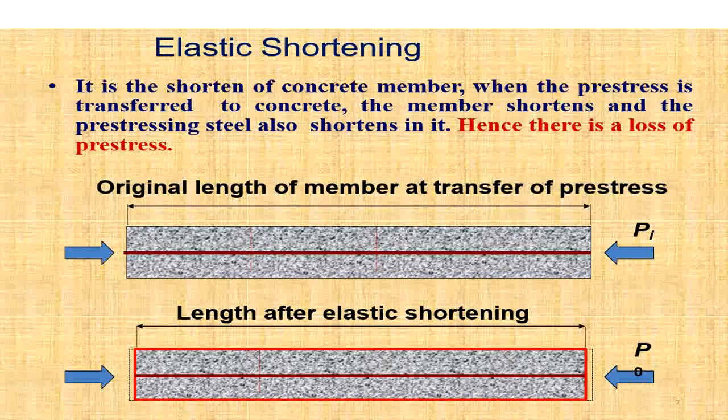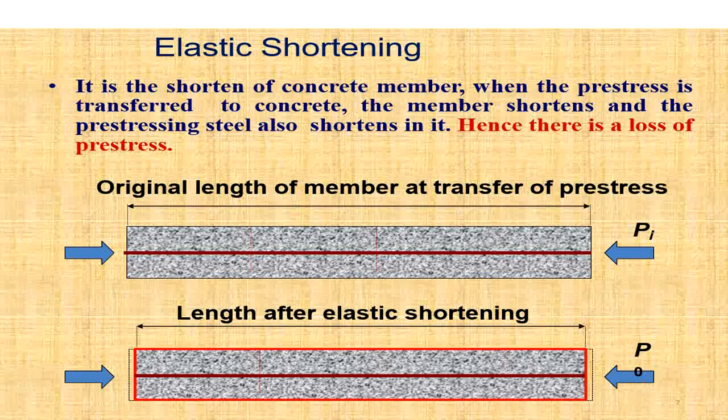First, the elastic shortening of concrete. Whenever a force is applied on a body, the body gets deformed. Here also it is the same case. Here we are applying a pre-compressive force at the ends of the member as shown.